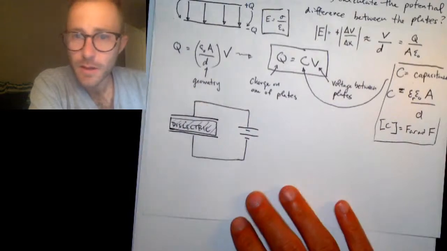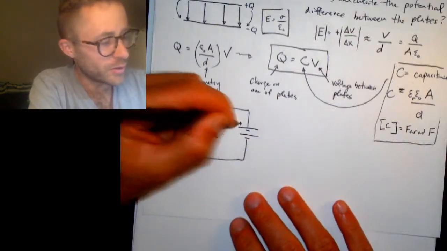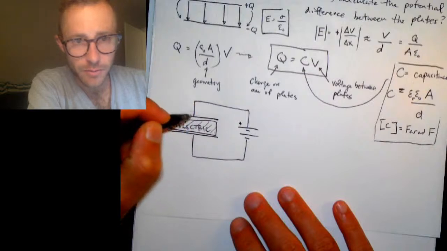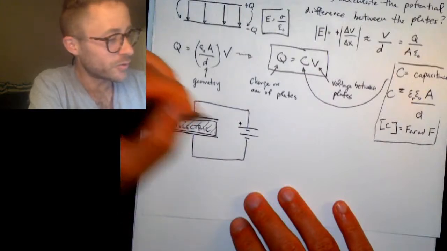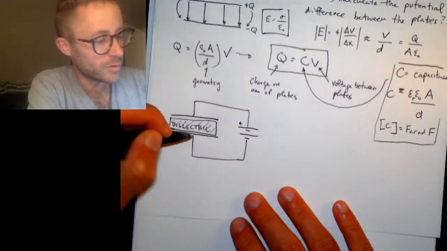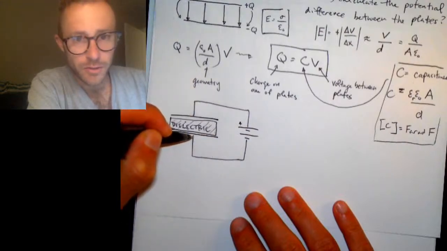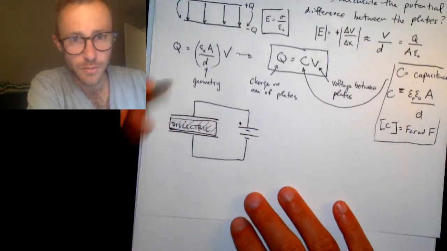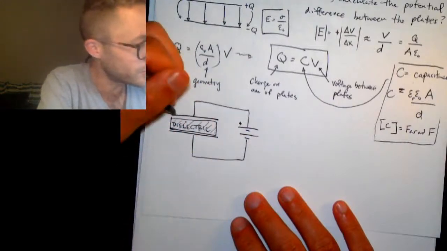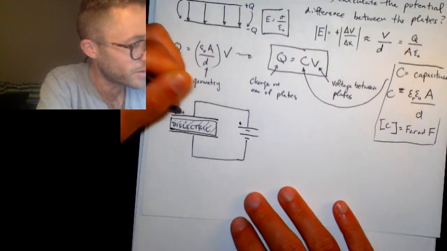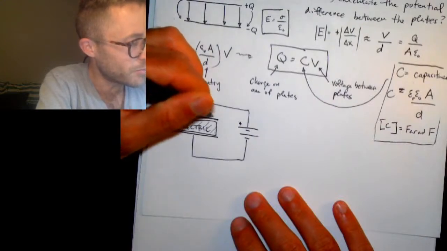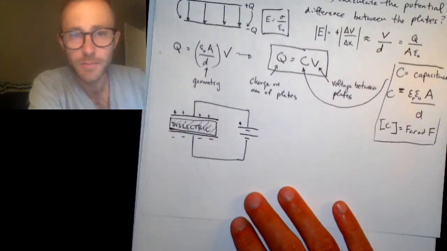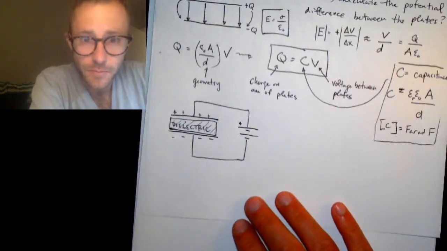And so the battery, as we know, pushes positive charge out of the positive side of the battery. And so what will happen is the battery will take positive charge off of the bottom plate and push it onto the top plate. Okay, so the top plate has a buildup of positive charge, and therefore there's negative charge on the other plate.